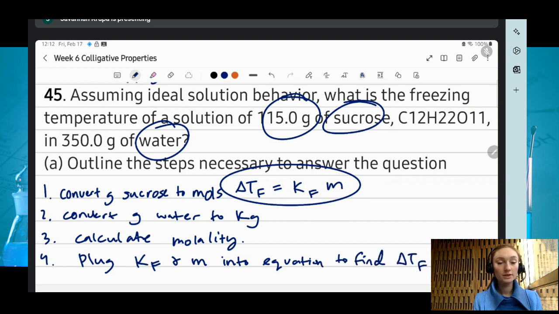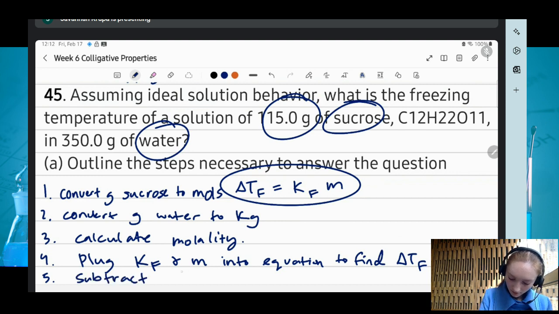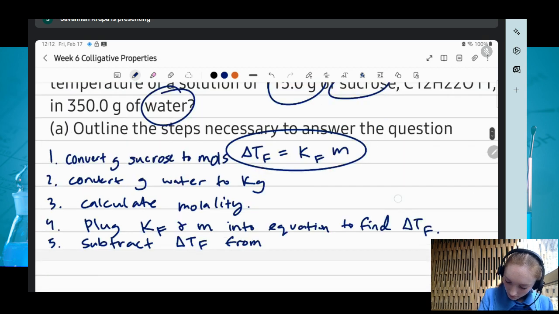And then we have to subtract the change in temperature that we just found from the original freezing temperature. So subtract delta TF from the original freezing temperature.